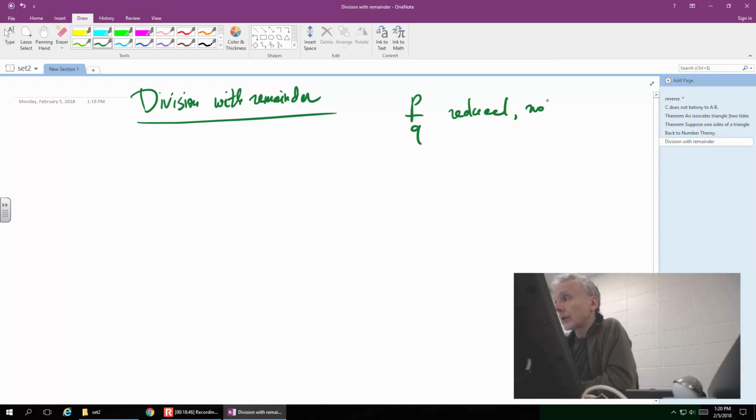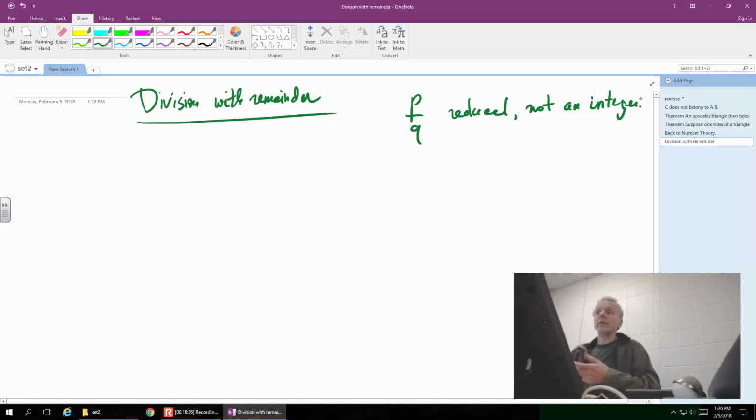Reduced but not an integer. So sometimes you can go on and then you end up with an integer. So when everything is cancelled out, the q is totally cancelled out, and then you have your integer, right?